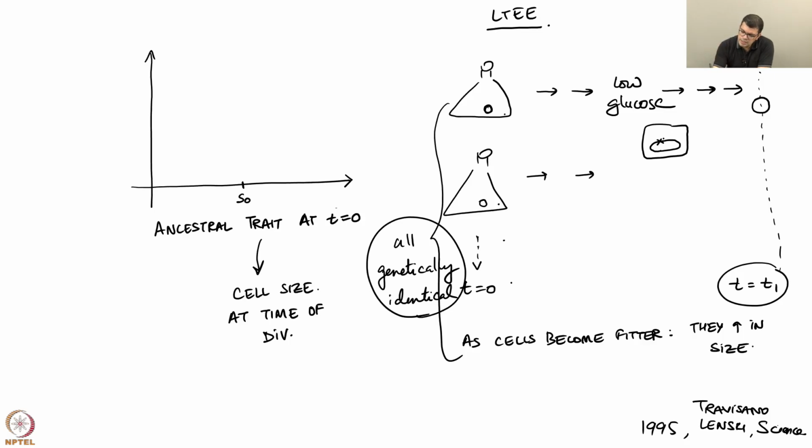In this case, the ramifications on cell size will be something. Let us say this makes a delta S naught difference to cell size. However, in this line, the mutation that happened obviously is going to be something different. The ramifications of this particular mutation on cell size may or may not be the same. It may be delta S naught, the same amount, or it may be something else, delta S1.